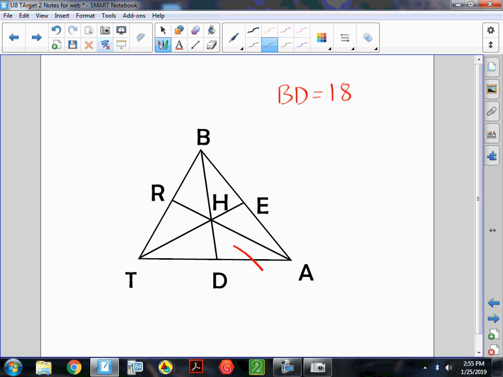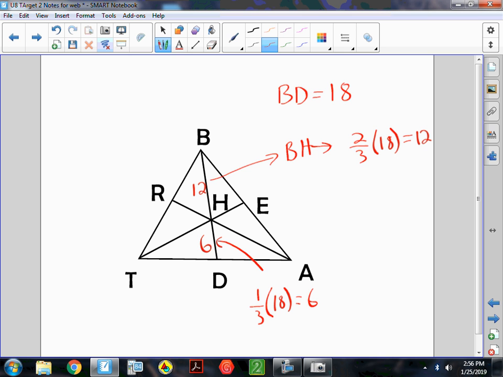Well, HD is 1/3 of the median. 1/3 of 18 is 6. BH is 2/3 of the median, which is 12, or I could have just doubled the 6 and said 12.